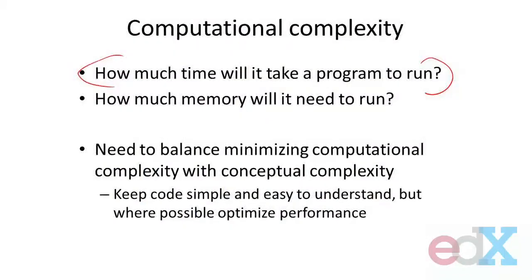And we need to balance that. There's no perfect balance, but in general, I'd prefer to have code that's still easy to understand, and having done that, have it be as efficient as possible, than to jeopardize the code just to gain a little bit of efficiency. We're going to want to make sure that our code is still clean, but we do want to worry about how do we minimize complexity. And the complexity is typically going to be in terms of how long does it take something to run.